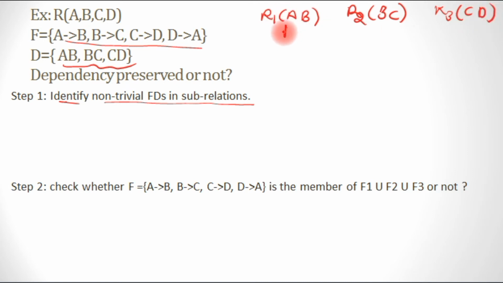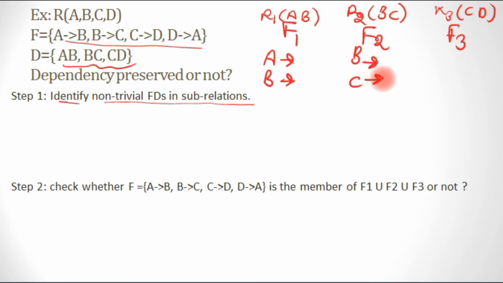First we have to find functional dependency sets F1, F2 and F3. We need to find all the non-trivial functional dependencies in each subrelation. Single attributed functional dependencies will be like this, and here also B, C, C and D. We don't need to find double attributed functional dependencies because all of them will be trivial functional dependencies.